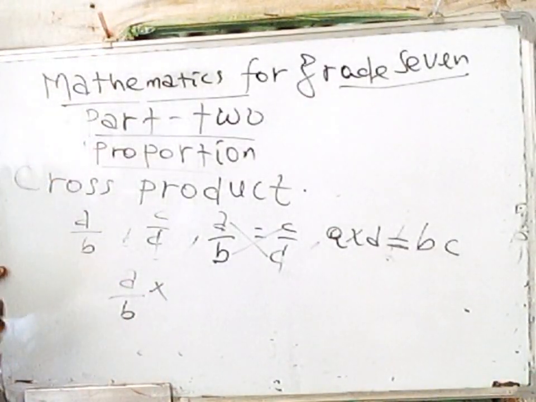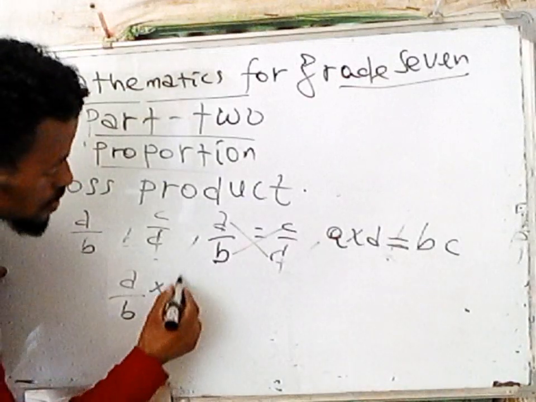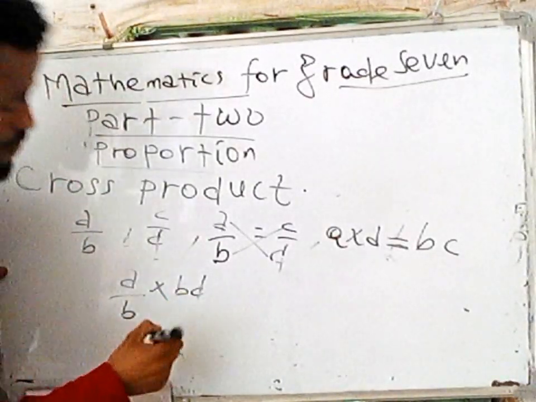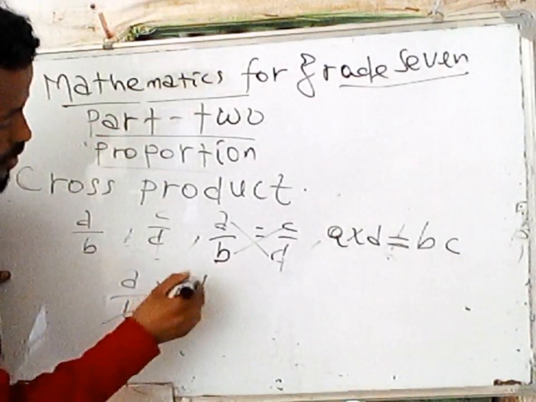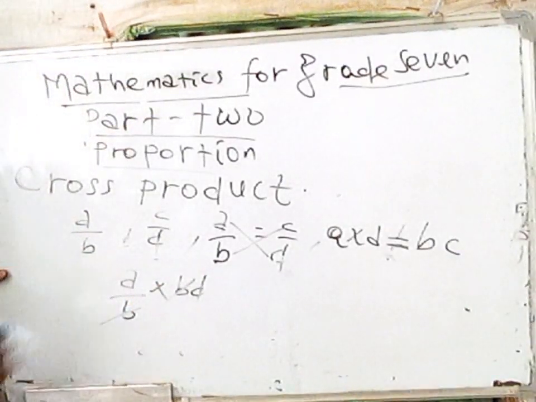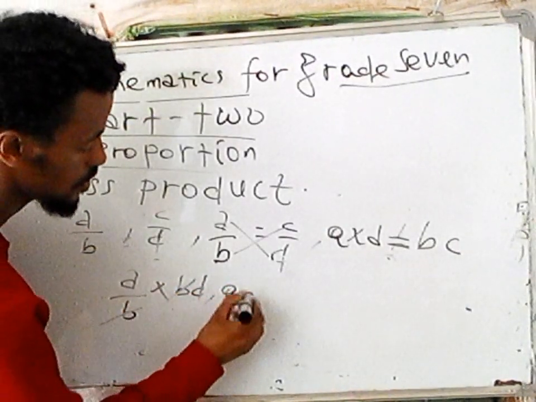Or we can multiply a over b by bd. That means b cancelled by b, what's left? ad.